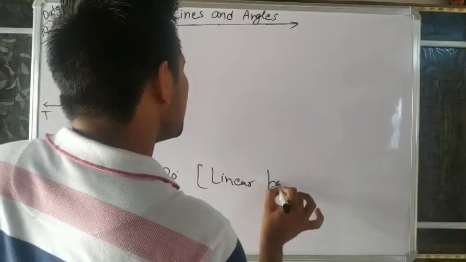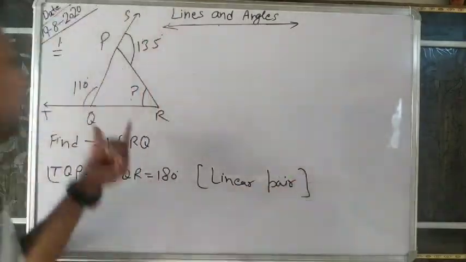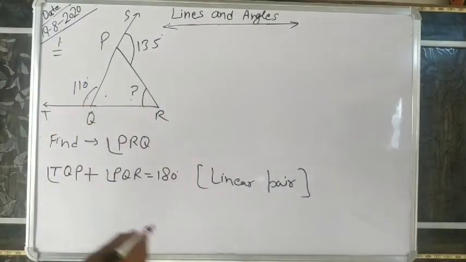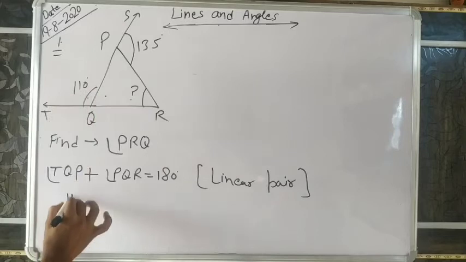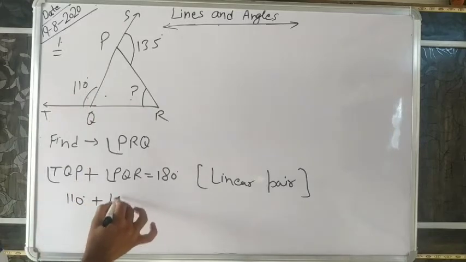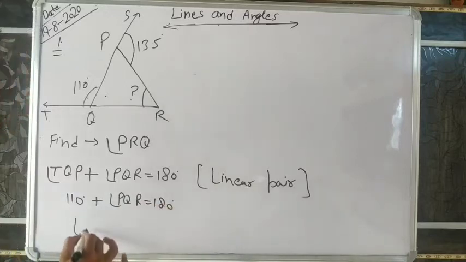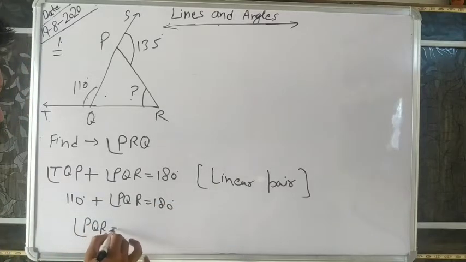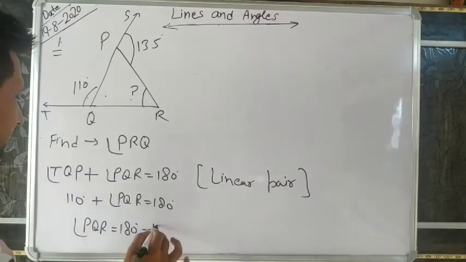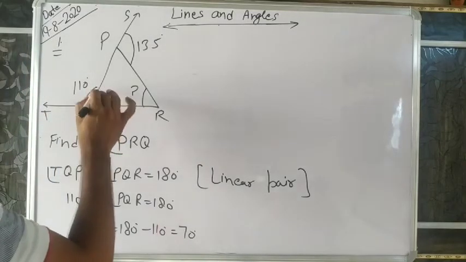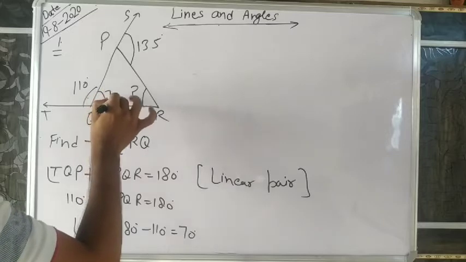The reason is linear pair. What is a linear pair? The sum of two adjacent angles is 180. So this plus this, how much? 180. TQP is 110 degrees plus PQR equals 180. So angle PQR equals 180 minus 110, which is 70 degrees.